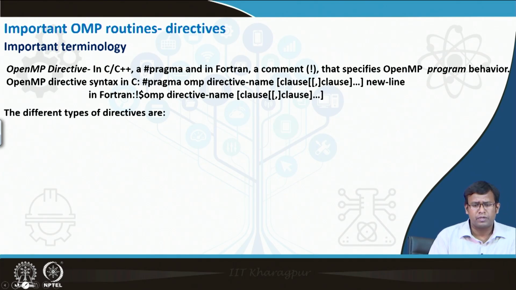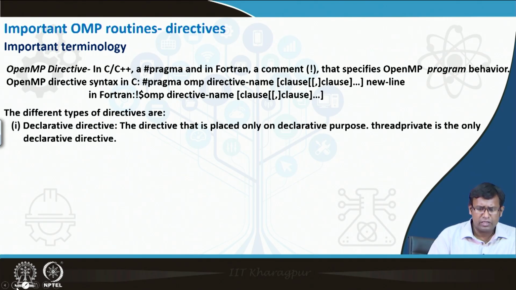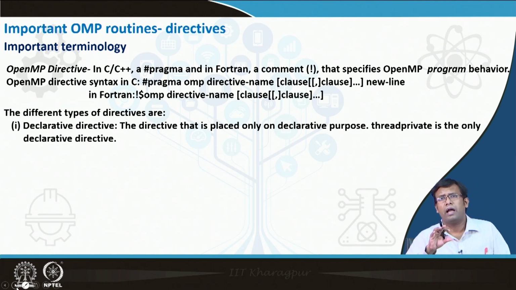There are different types of directives. One is declarative directives. This directive is not instructing anything. This directive is not executing anything in parallel, but it is declaring something which is parallel and will have a certain value for all the threads.